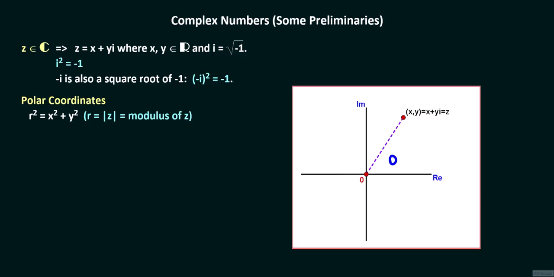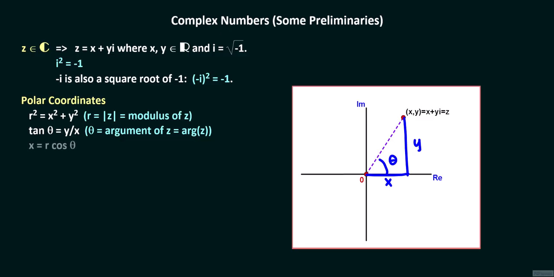The angle theta is measured counterclockwise from the positive real axis to the radial segment of z, so that tangent theta is y over x. The angle theta is also called an argument of z and is written as arg(z). x equals r times cosine theta, and y equals r times sine theta.